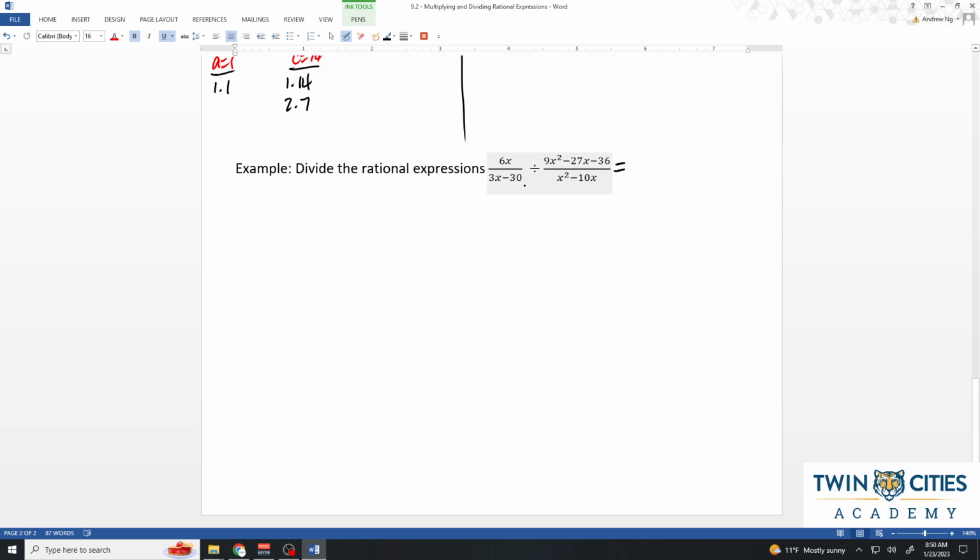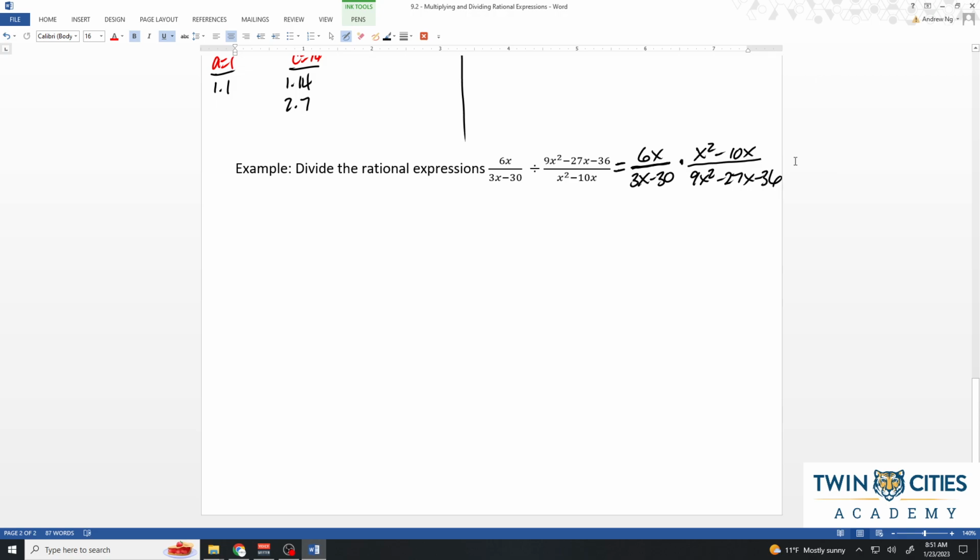Instead of doing that, I'm just going to keep the first one exactly as it is, 6x over 3x minus 30. And instead of division, we're going to multiply by the reciprocal of the second expression. So we're just going to flip this upside down. So we're going to multiply by x squared minus 10x all over 9x squared minus 27x minus 36.